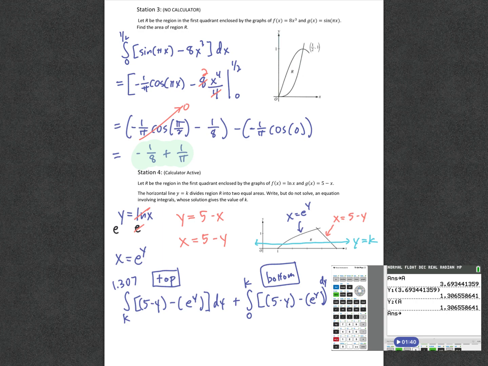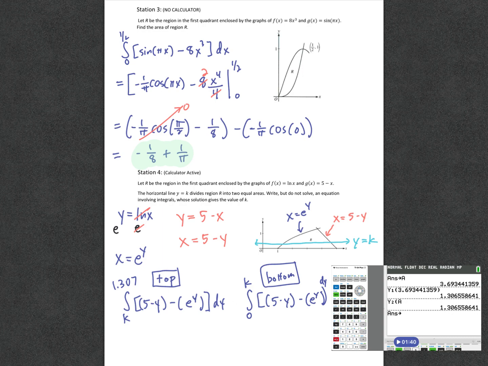Okay, and they say write, but do not evaluate, an integral expression involving integrals whose solution gives the value. Okay, yeah, so if you solve this, these aren't plus. I don't know why I did that. It's not plus. These are equal. This is the top area, and this is the bottom area, and we want these two areas to be equal.